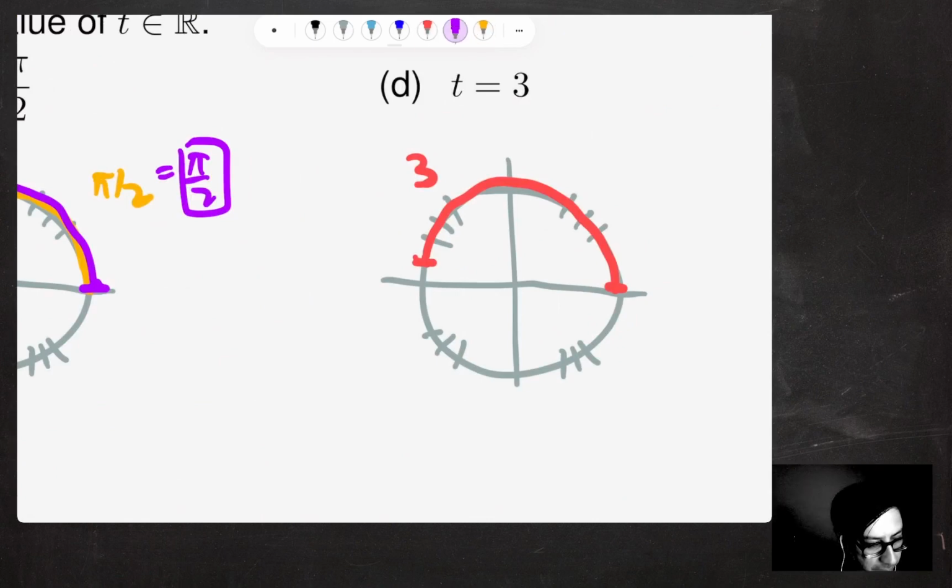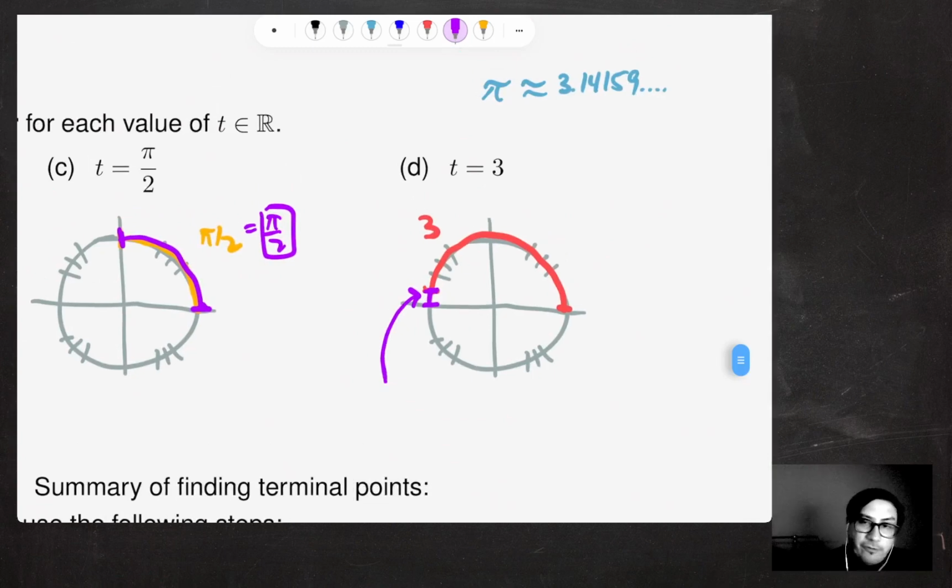I've been using purple, but the reference angle is this little tiny measurement of length. Basically, I just have a little bit more to go to get to the x-axis. Now, if I want to write what this is as a number, remember the full half arc is pi. So I'm going to call it 3 bar, and the reference number is actually going to be pi minus 3. If you want an approximation to this, it's about 0.14.